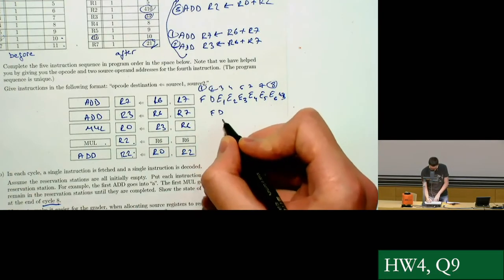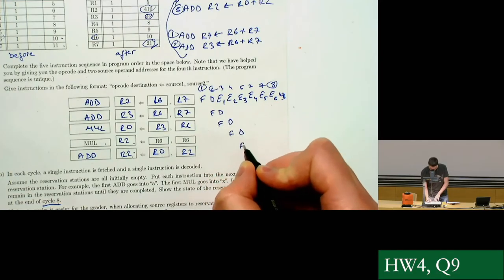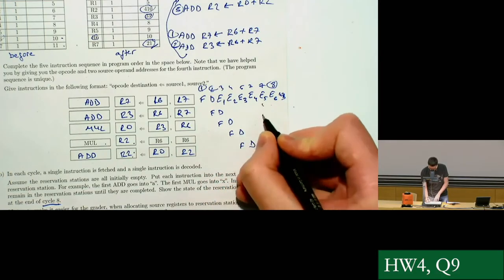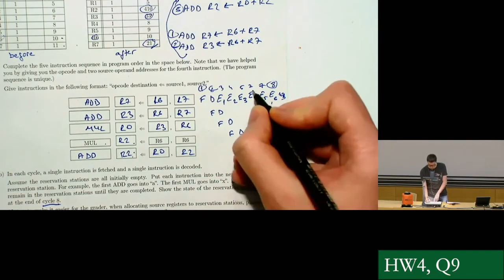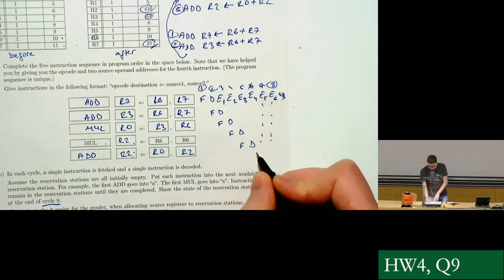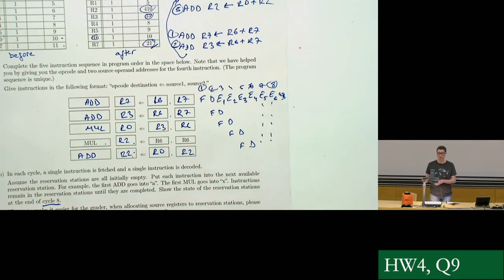So we can fetch and decode the second instruction, the third, the fourth, and the last instruction, right? Somewhere here at the end of cycle 6, we have all the instructions decoded, right? So we fill them into the reservation stations.